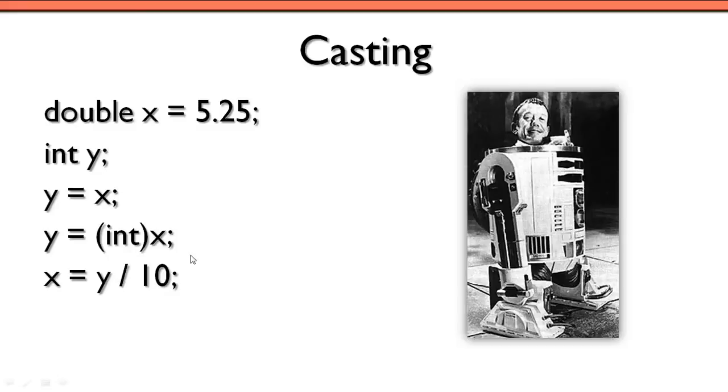We can explicitly cast either the y or the 10 to be of type double. I'm going to show how to do an explicit cast for the y value. Here we do this explicit cast, and what we've done is put the type that we want in front of the variable or the value. You could do the same thing over here in front of the 10.